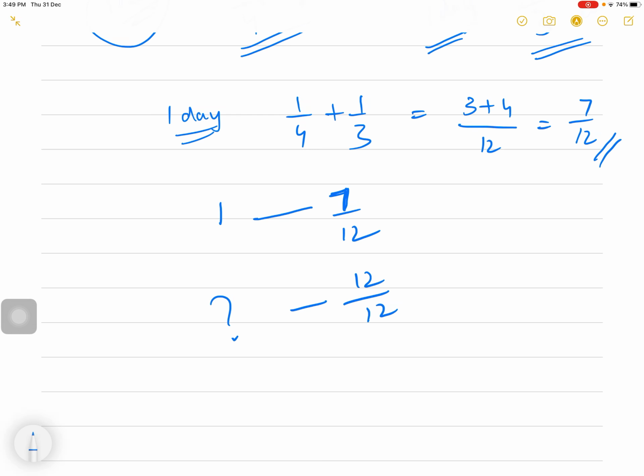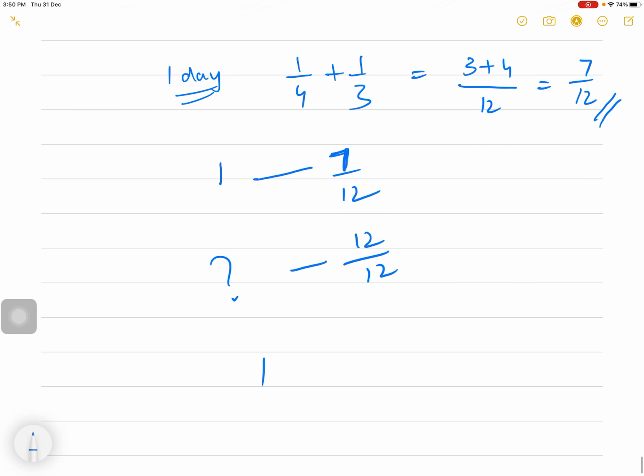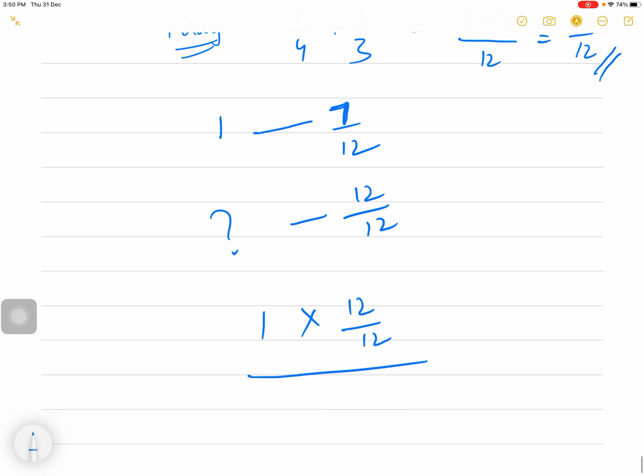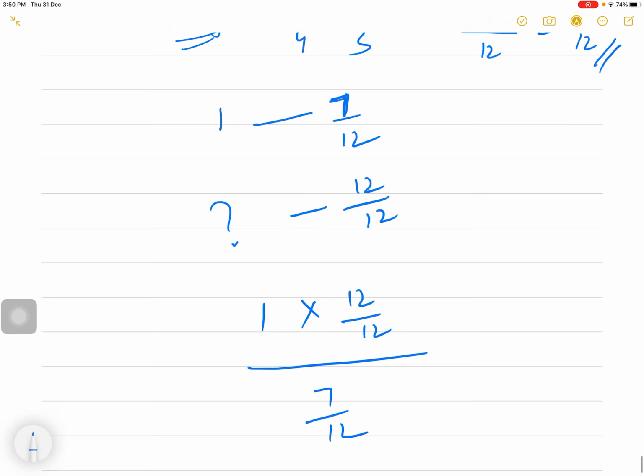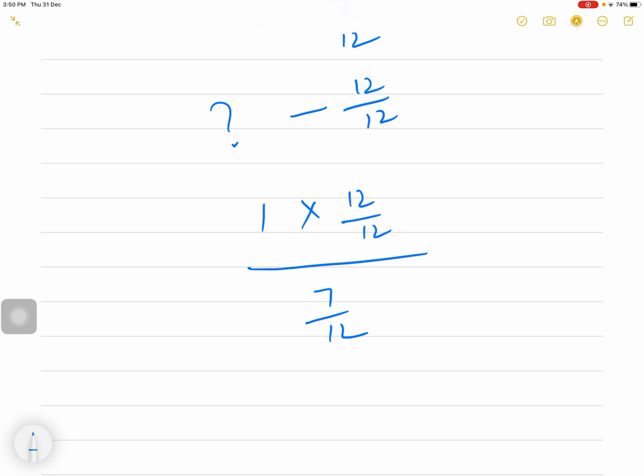So is this the right equation? So 1 into 12 by 12 divide by 7 by 12. So that is 1 into 12 by 12 multiplied by 12 by 7.